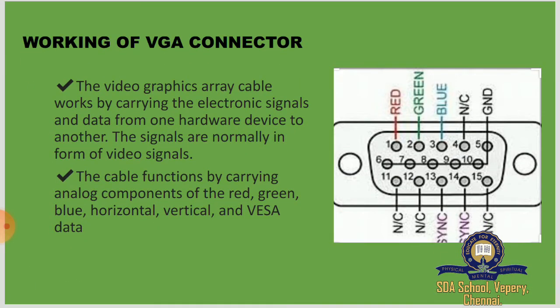The video graphics array cable works by carrying the electronic signals and data from one hardware device to another hardware device. The signals are normally in the form of video signals.